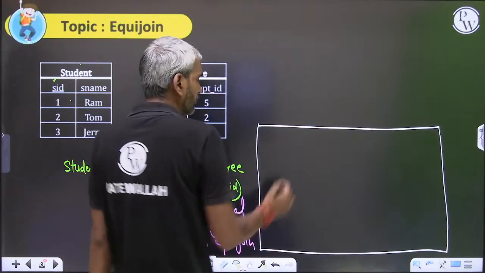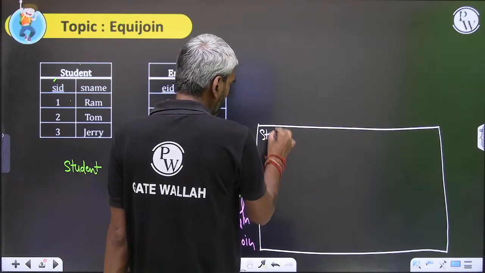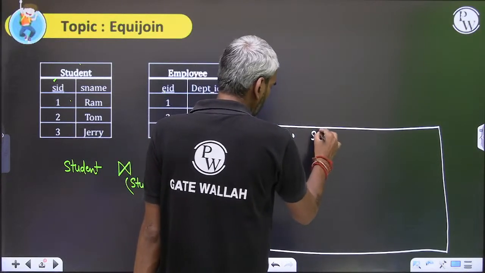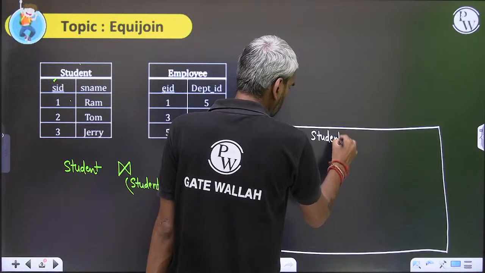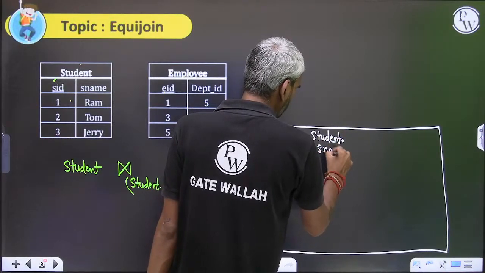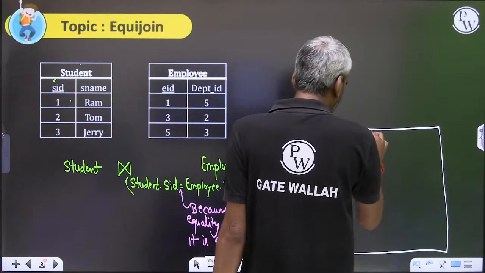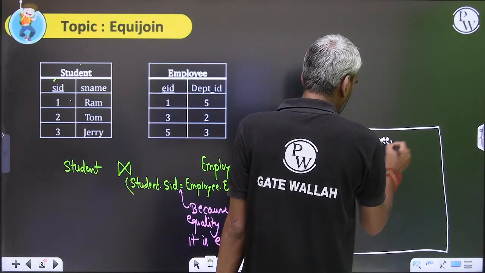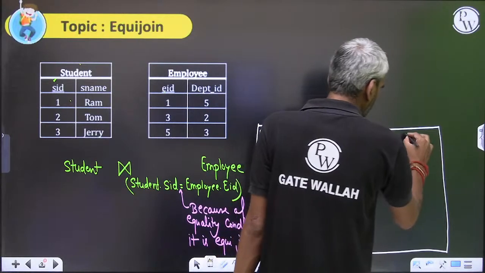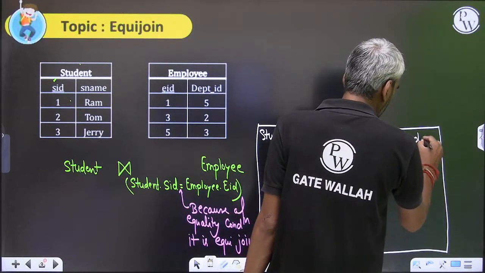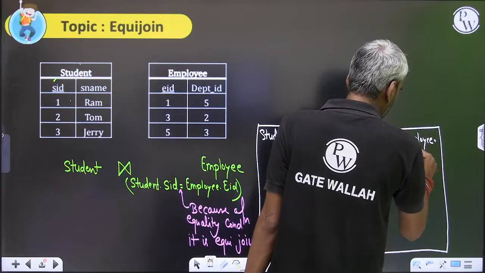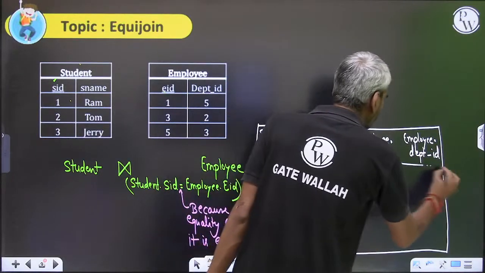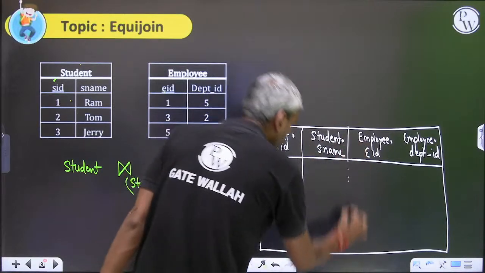We'll have student.SID, student.Sname, employee.EID, and employee.department ID.